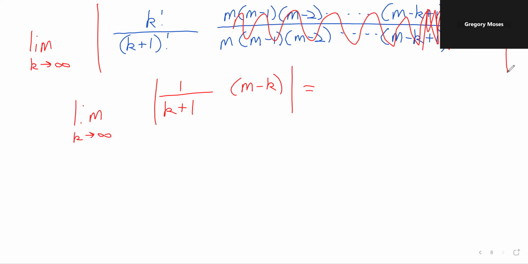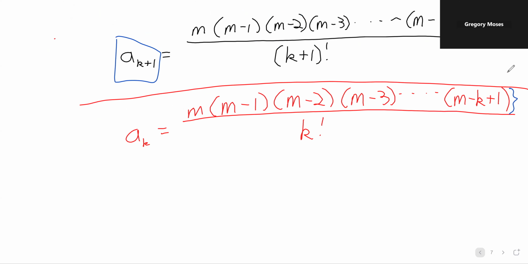What is this limit? Well, the leading term over the leading term. The limit is 1, and that would be failure for the ratio test. And I'm convinced that that should not have happened. So somewhere I made a mistake.